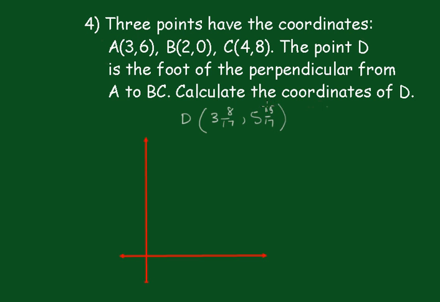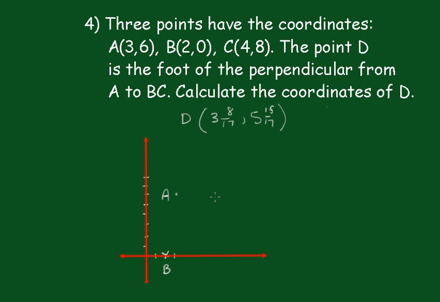Let's plot these points first. We'll have the point (3, 6), about there. That's A. Point B is (2, 0).